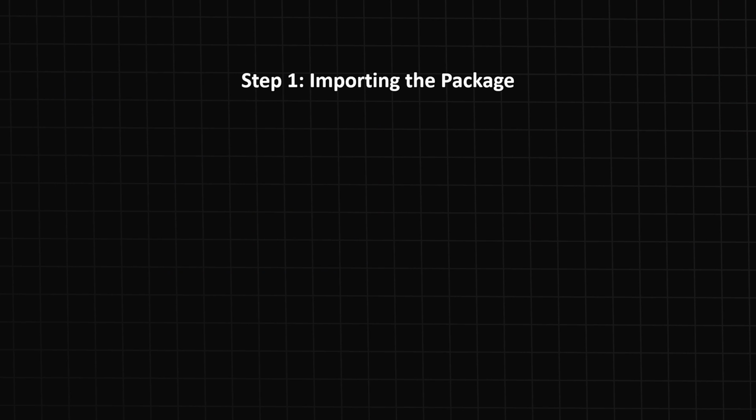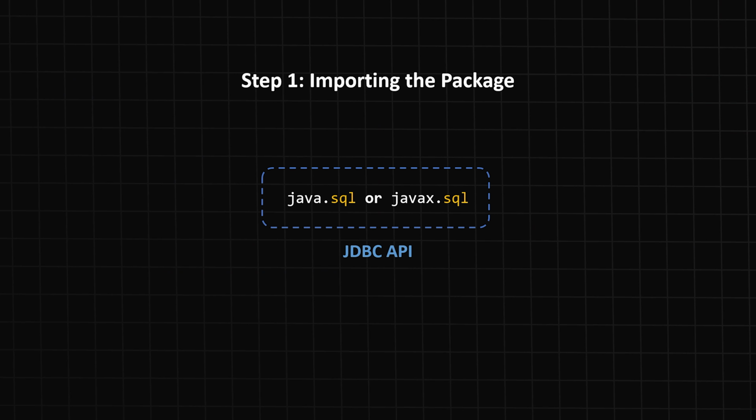Here, the JDBC packages are present in java.sql or javax.sql. These are called the JDBC API. These packages contain all the required classes and interfaces that help Java to communicate with the database. Without importing these packages, Java will not know how to create a connection, how to execute SQL queries, and how to handle the result.